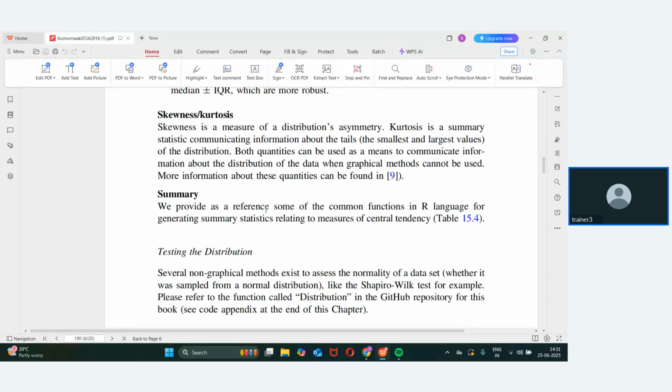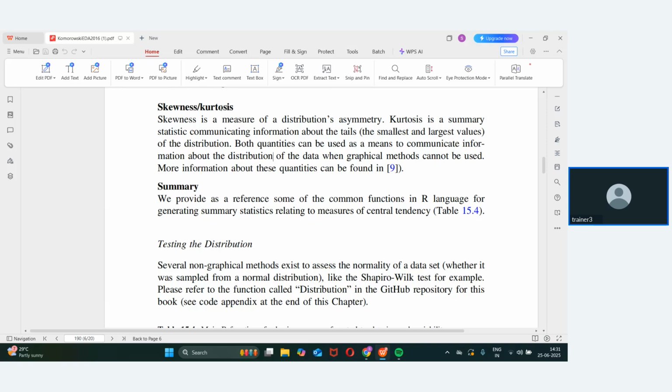So coming to skewness and kurtosis, what are they? Under non-graphical methods, this is one of the techniques. This also comes under measures of spread. I hope everyone's okay with this. What is skewness? It is a measure of a distribution's asymmetry.